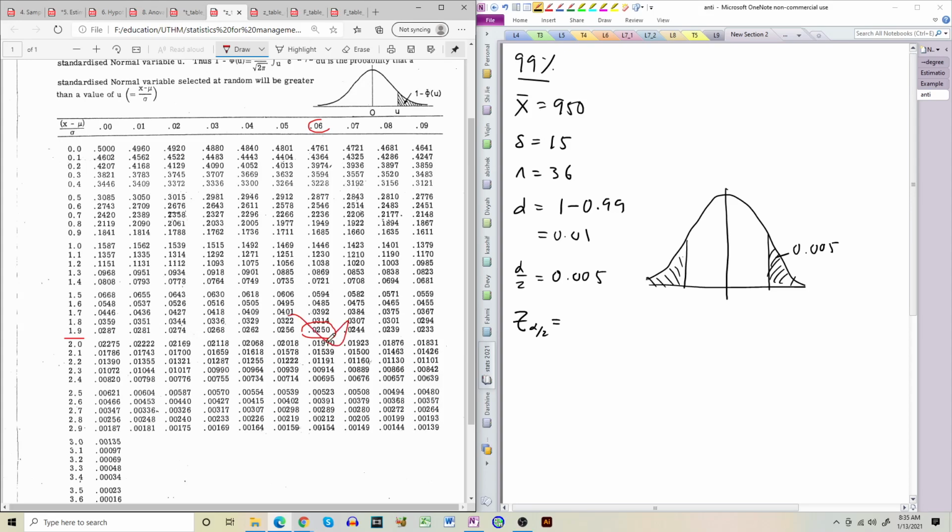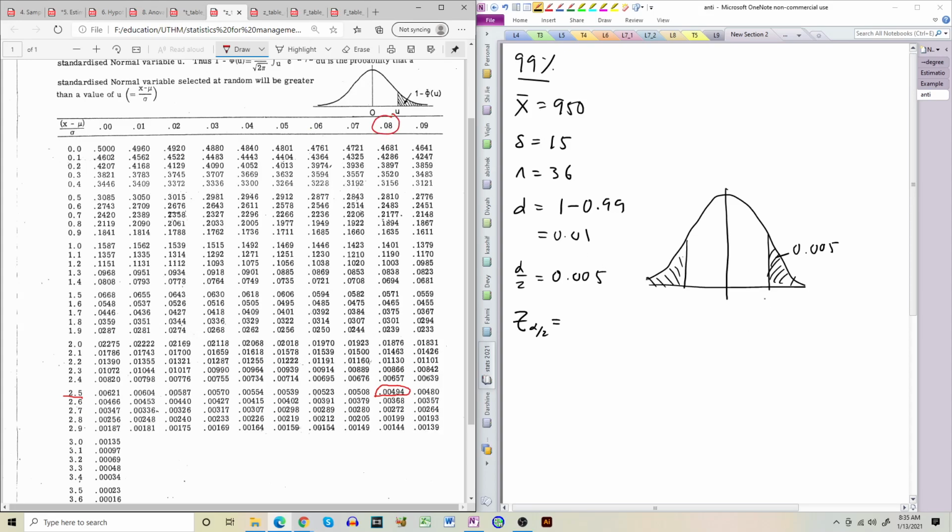Somewhere 0.05, I will take this one. 0.05 is somewhere near to this, because the difference is 6 here, the difference is 8, so I go for the nearest one, 6.